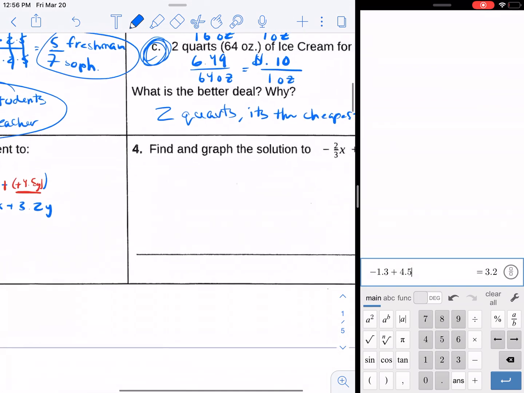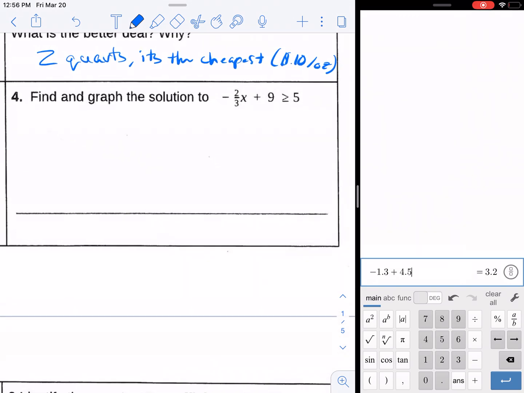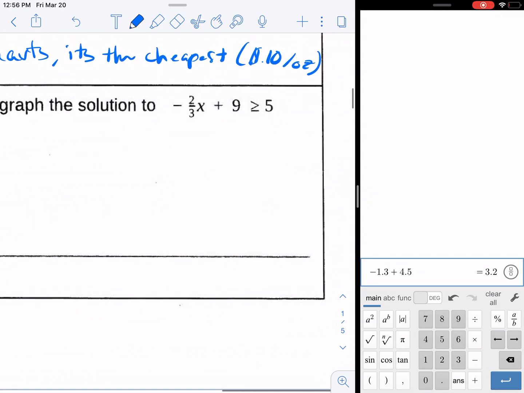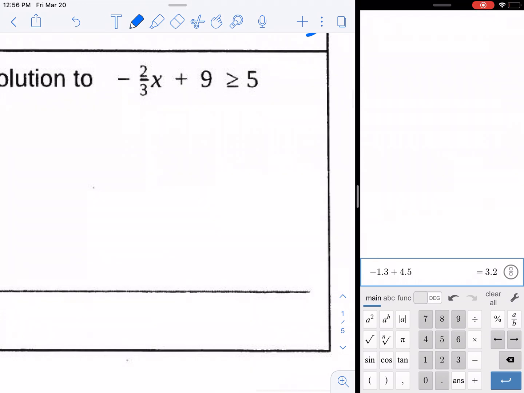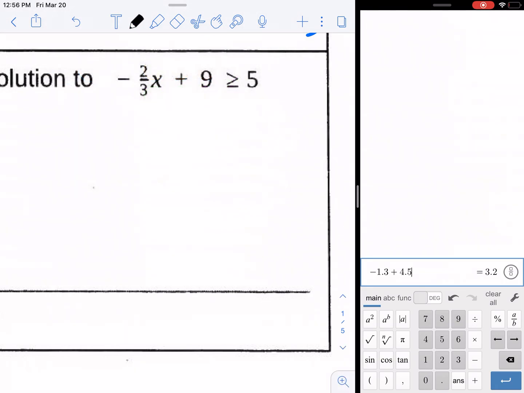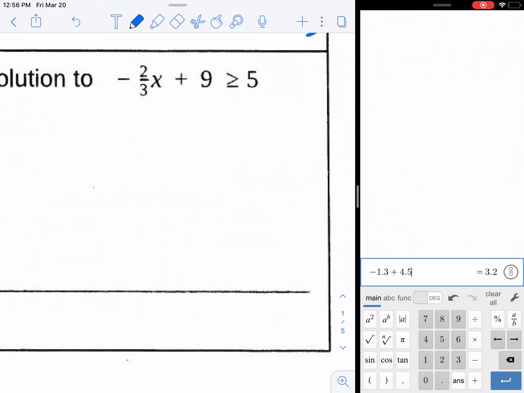Number 4. Ooh. Okay, let's get started. So it says it wants us to graph the solution to this mess right here. So let's see. Well, the first thing I want to do, well, I want to solve for x, right?